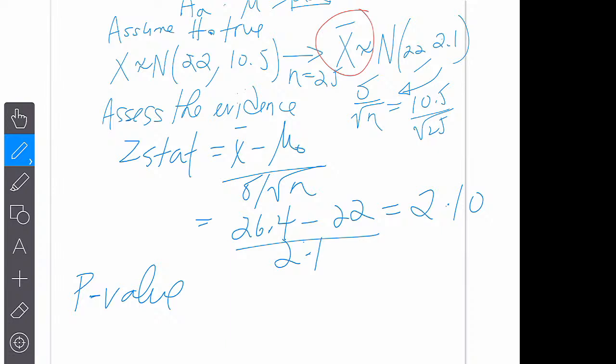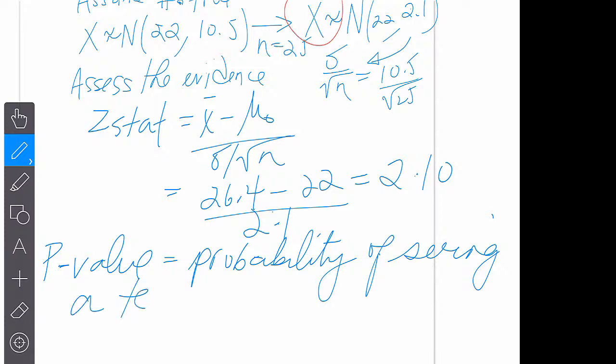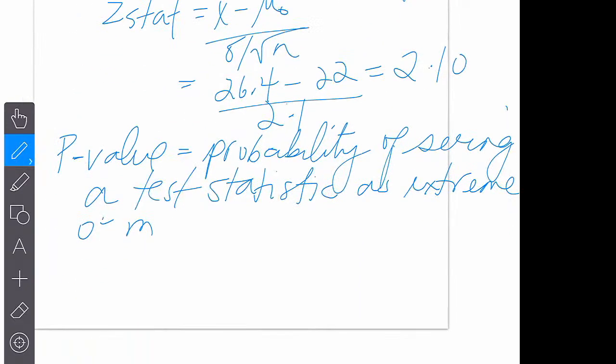The p-value is the probability of seeing a test statistic as extreme or more extreme, given H naught is true.